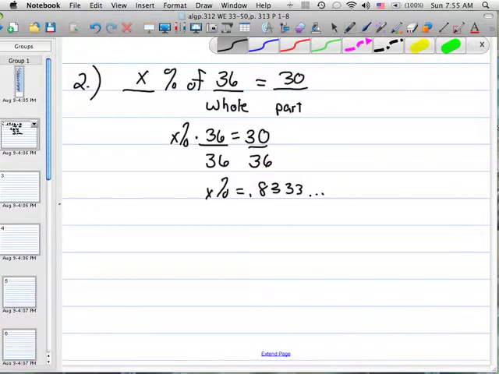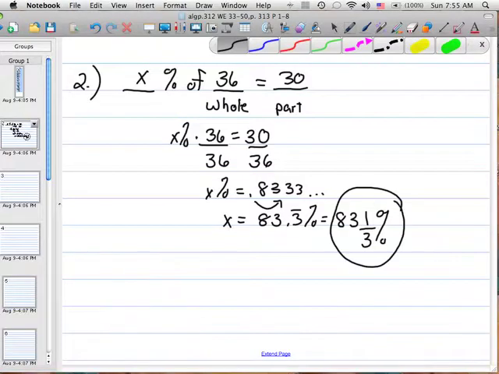Now to get a decimal into a percent, we move it 2 to the right, so it's 83, and we're not going to write 0.3 with a bar. We're going to change 0.3 repeating into a fraction. We don't use the repeating part in math because we can't work with it. So we're going to write 83 and 1/3%. Another way to have done this is to actually do the physical division of 36 into 30, carry it out 2 places, and take the remainder and get 1/3.